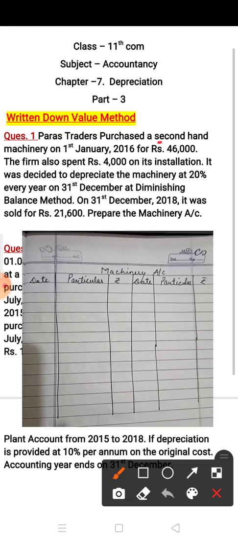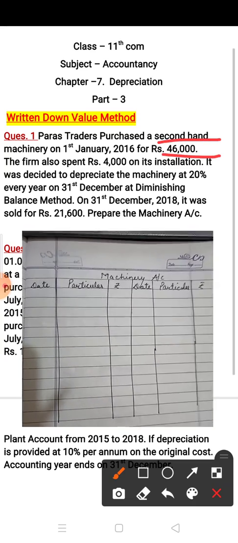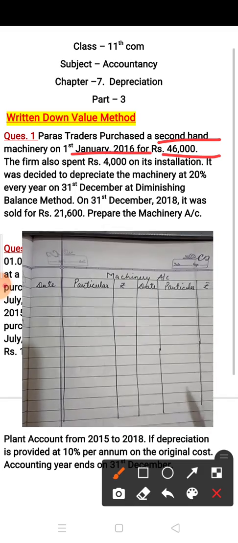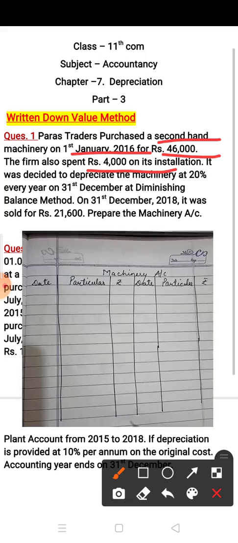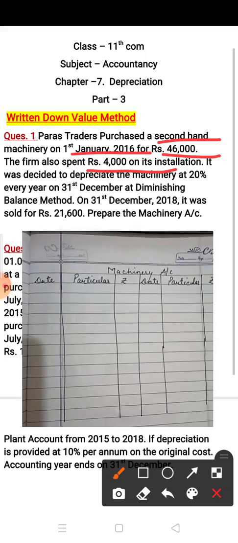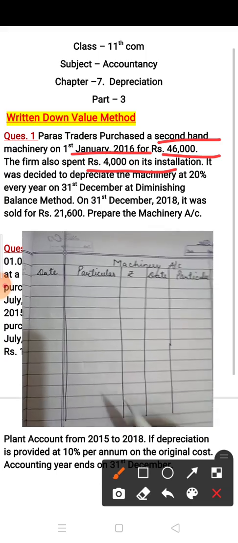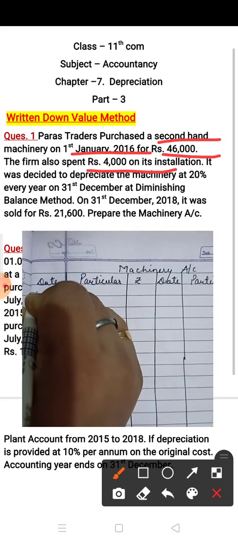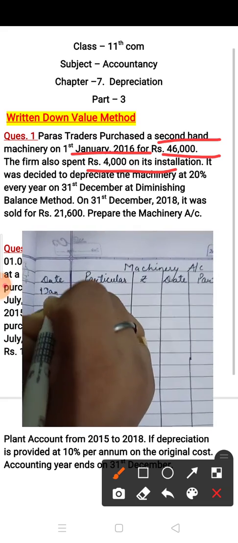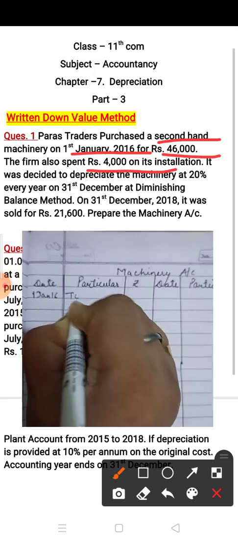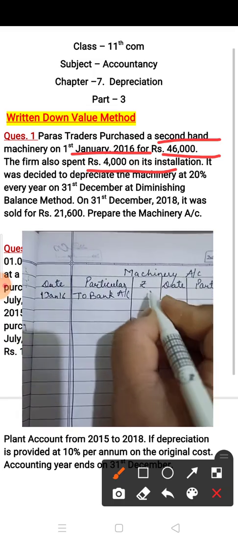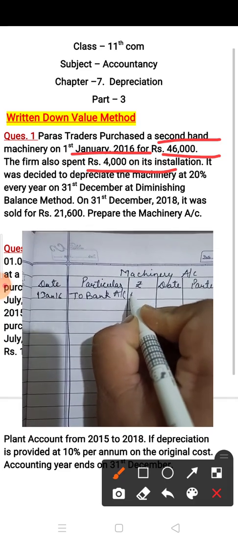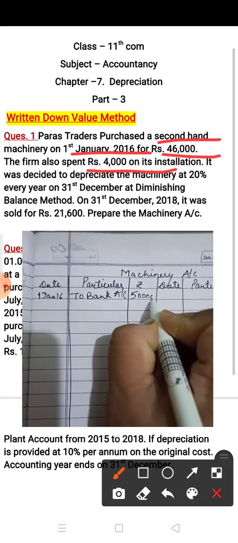The second-hand machinery was purchased for rupees 46,000 on 1st January 2016 and 4,000 was the installation cost. So according to the historical cost concept, the cost of machinery on 1st January 2016, to bank, is 46,000 plus 4,000, that is 50,000.